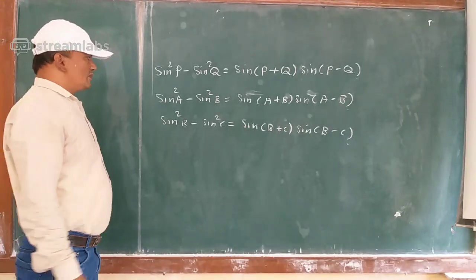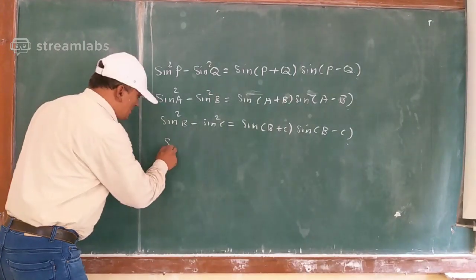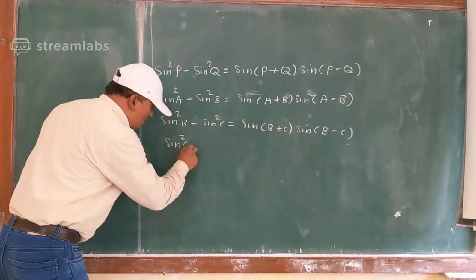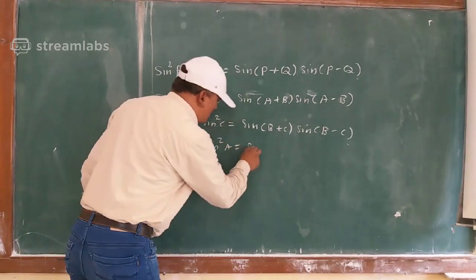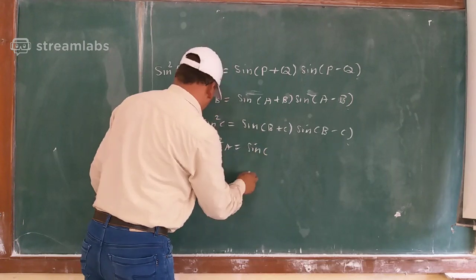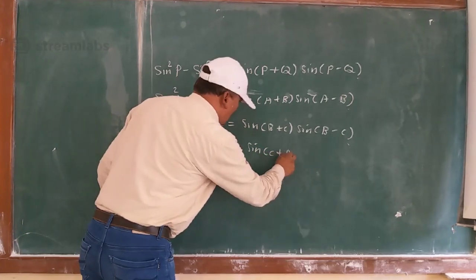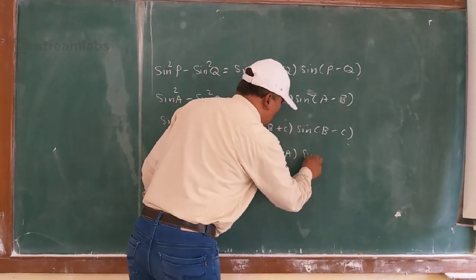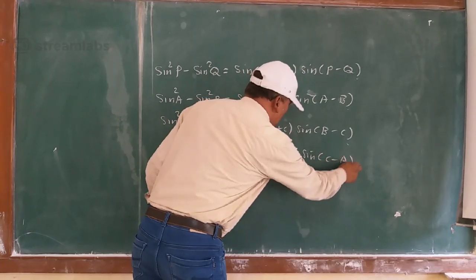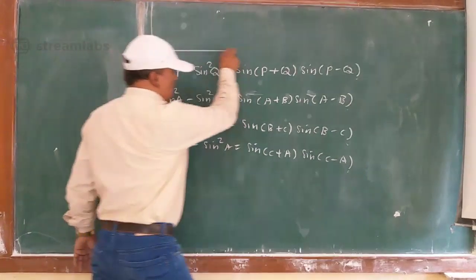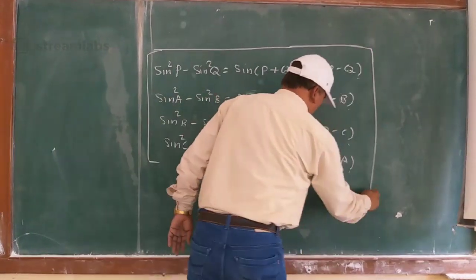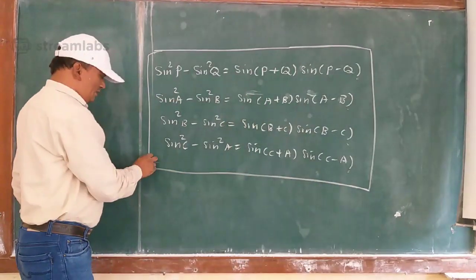In this way, if there is the term sin square of c minus sin square of a, the answer will be sin of c plus a sin of c minus a. So these are the formulae from general trigonometry.